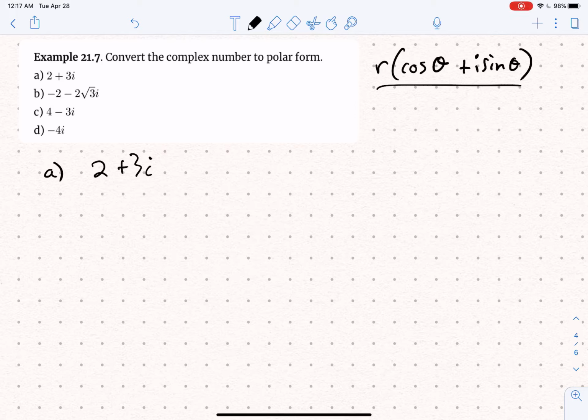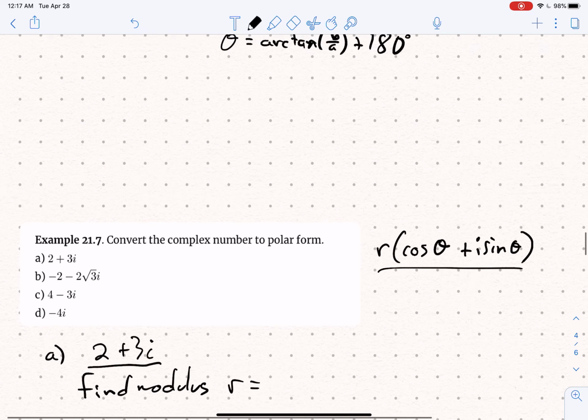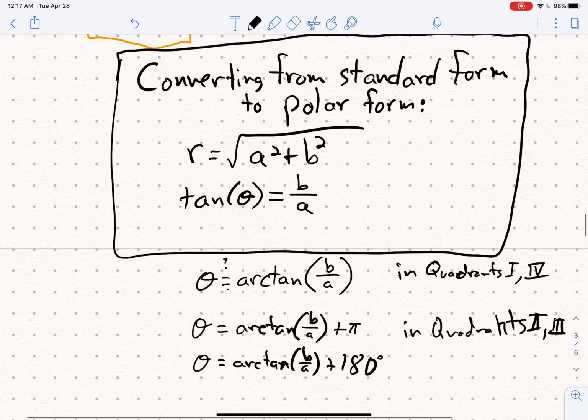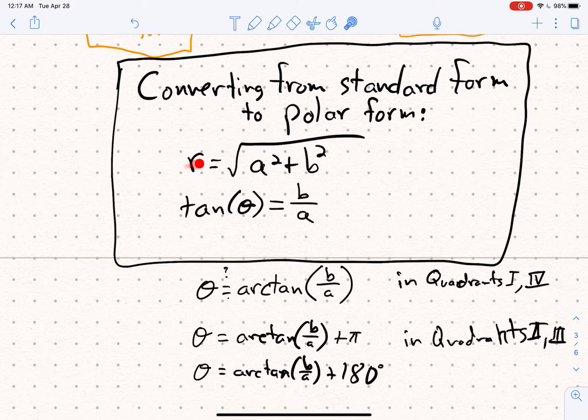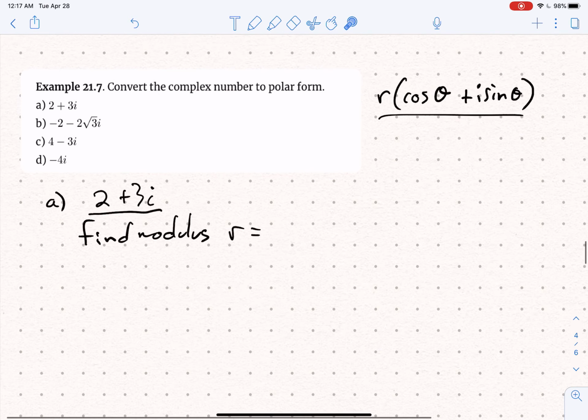Well, we need to find two things for this. We need to find the distance, or the modulus. To find the modulus r, we just use the formula circled up above: r is equal to the square root of a squared plus b squared. So we know a and b, a is 2 and b is 3, so r is the square root of 2 squared plus 3 squared.